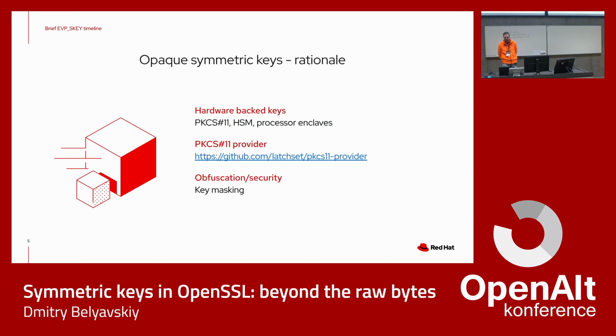Also, an example of this approach is HSM, hardware secure modules, processor enclaves, TPMs, and so on and so forth. We have implemented PKCS11 provider, as I mentioned before, and working on it, we found out that raw bytes arrays are not suitable and are not enough for our purposes, so we started working on it.